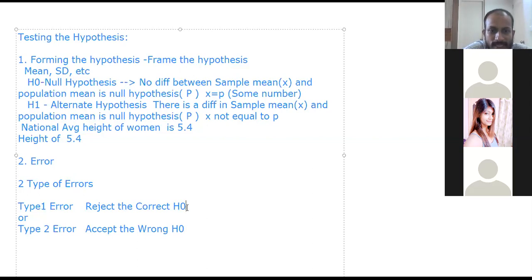Let me use the term assumption. When you reject the correct assumption, or we can call it assumption or decision, that is the word.